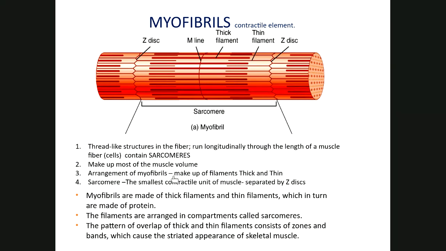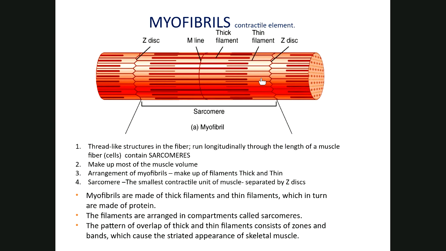They're arranged in little filaments. See these little circles that are either thick or thin proteins, and we call them thick or thin filaments. The ends of the sarcomere are divided by these little lines called Z-discs.